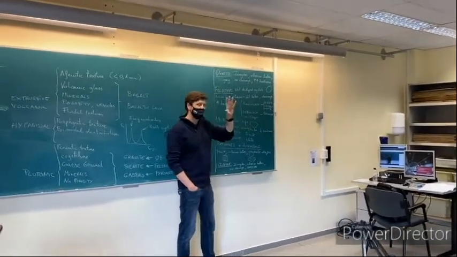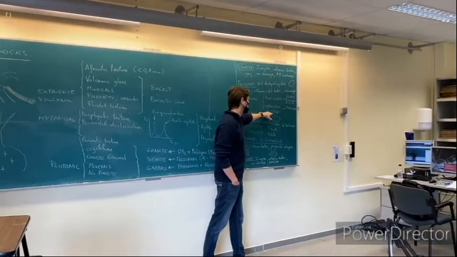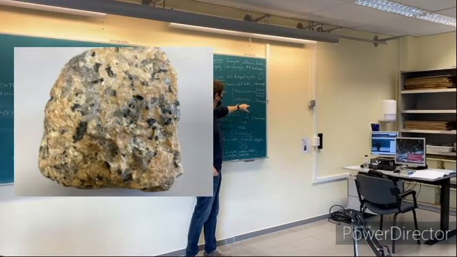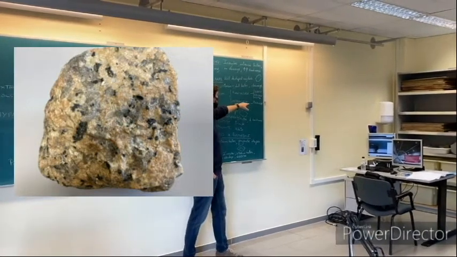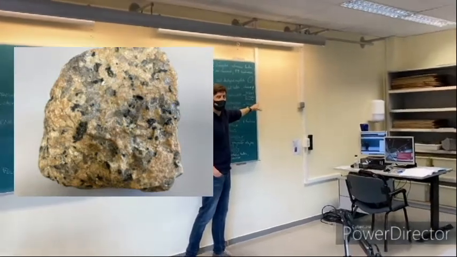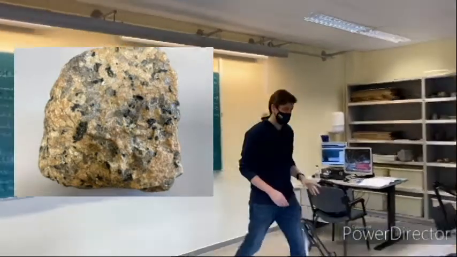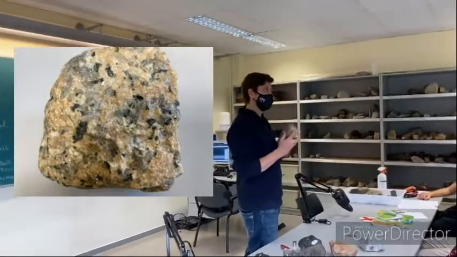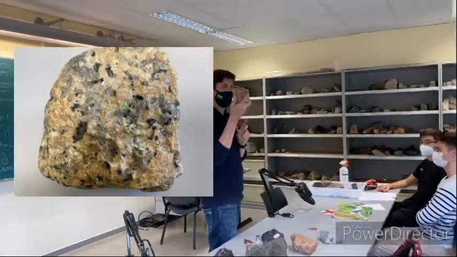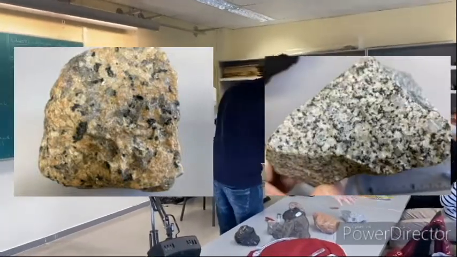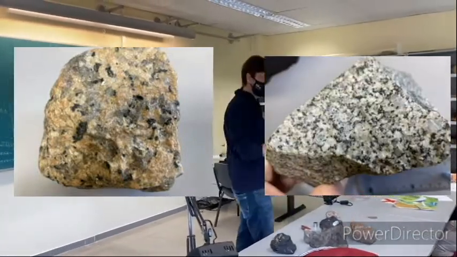Okay? In general, the orthoclase, also called potassium feldspar, tends to be pinkish or reddish or orange. For example, like this. Okay? This is usually the color of the orthoclase or potassium feldspar.